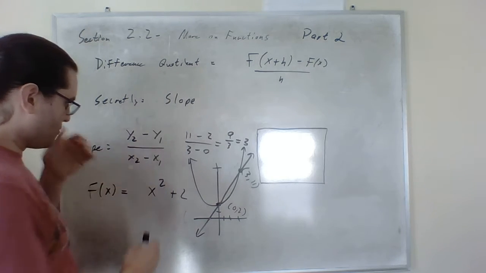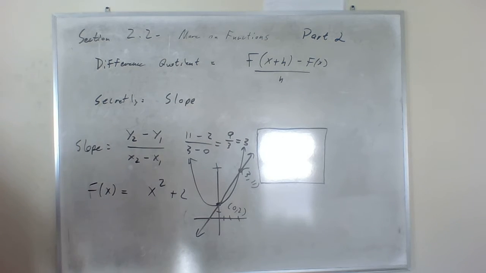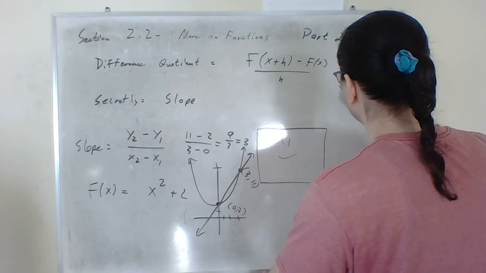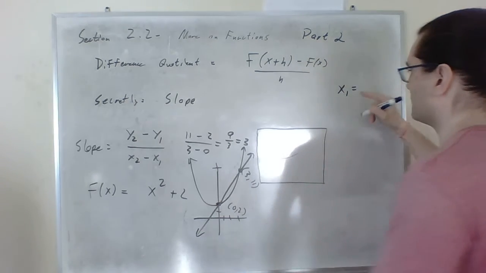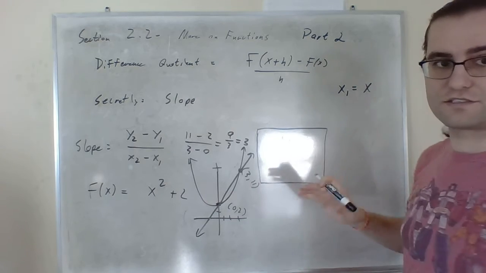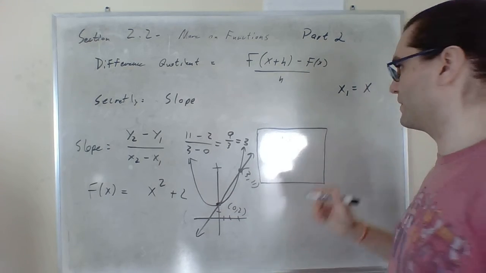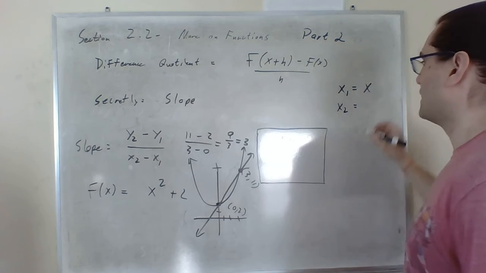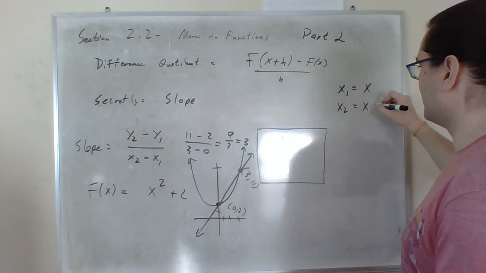So instead of x1s and y1s and x2s and y2s, imagine for a moment if x1 was the point we were really interested in. Let's just call that x, because that's the point that we're curious about. Instead of x2 being a second point, I want to write this in terms of x.